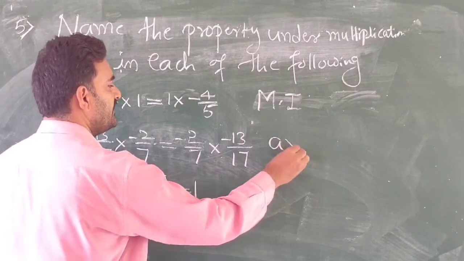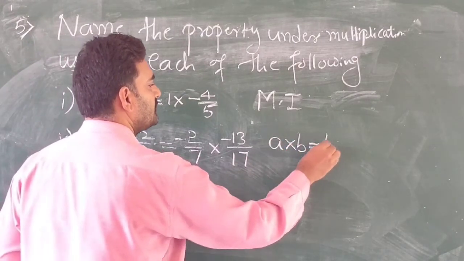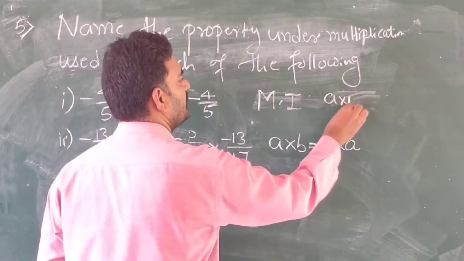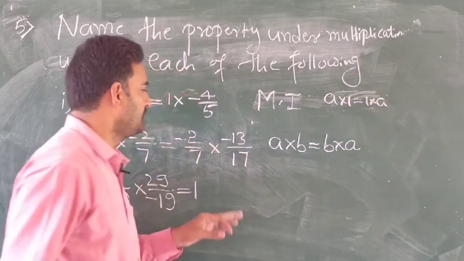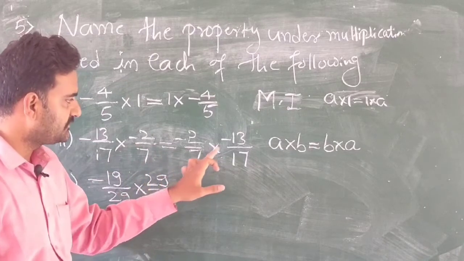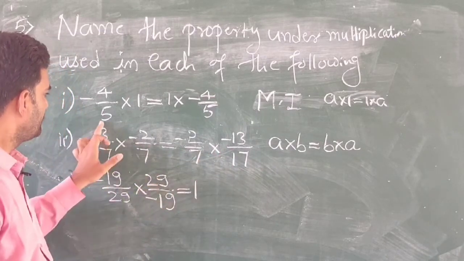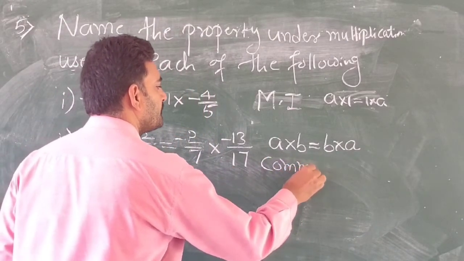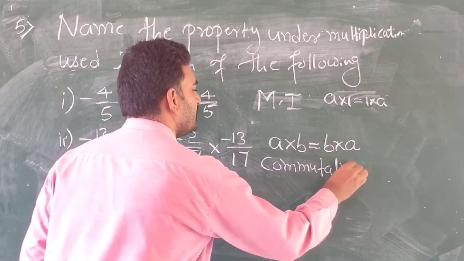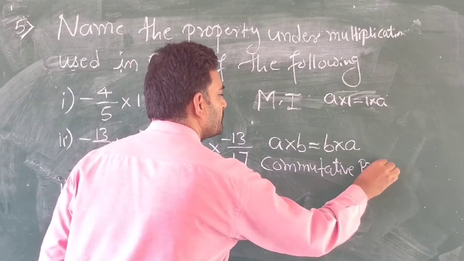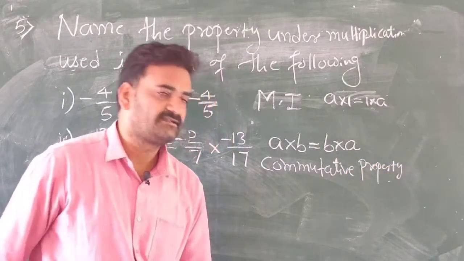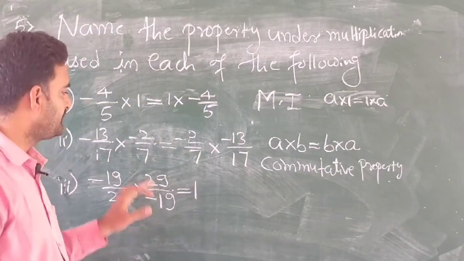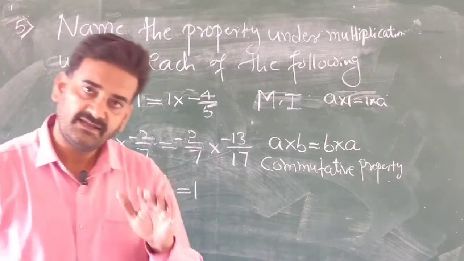Recall what you learned, A into B is equal to B into A. The first one was A into 1 is equal to 1 into A. Now this is A into B is equal to B into A. Now this is the commutative property of multiplication, because here multiplication is there. If it is plus, it is the commutative property of addition.